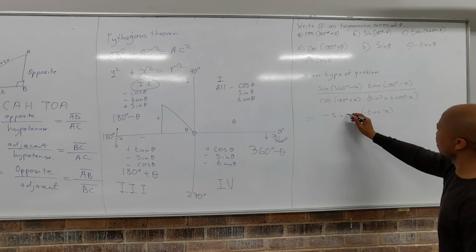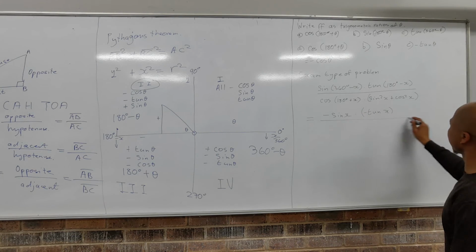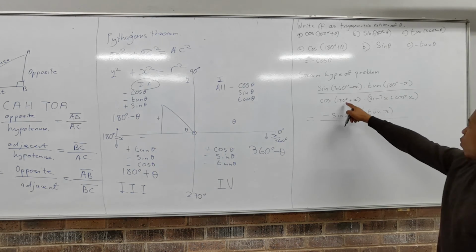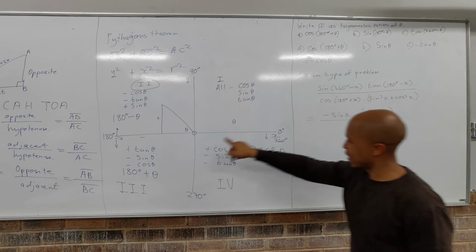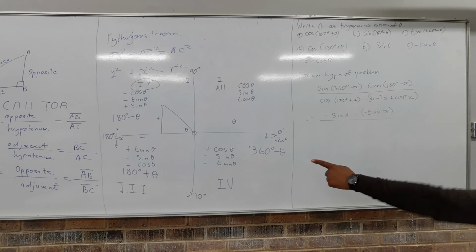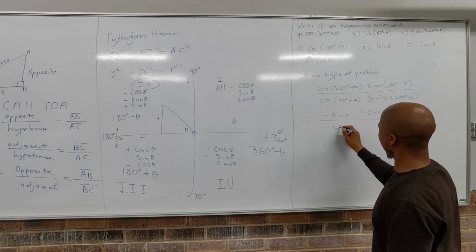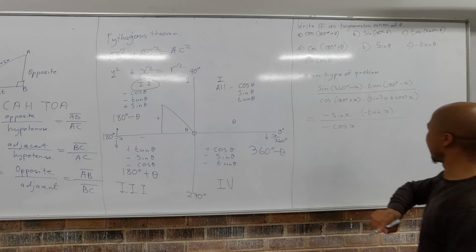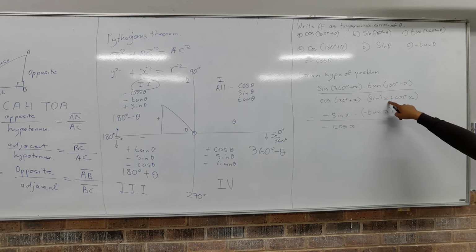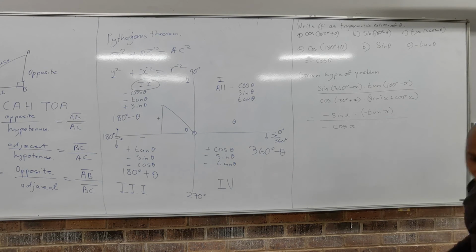Apologies, this is supposed to be sine x. Now 180 plus x is in the third quadrant, where cos is negative, therefore we have negative cos x, times sine squared x plus cos squared x.